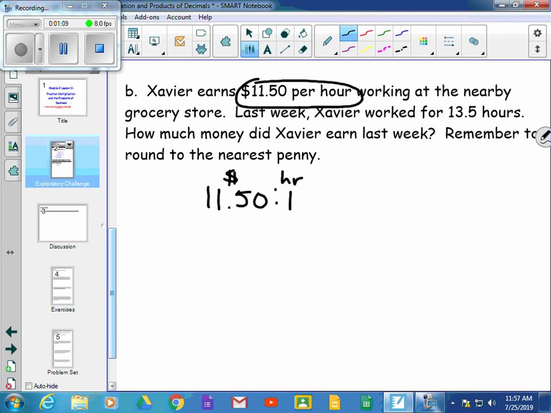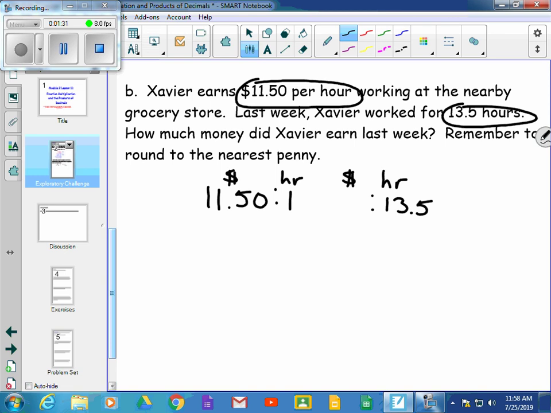And then notice the other piece of information is not a rate, but we could put that in a ratio. Remember the old equivalent ratios tool, where you make one ratio equal to the other? You have to just put the information in the right place. Catch it under hours.